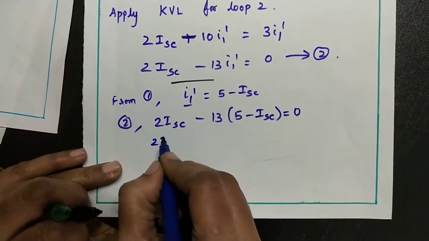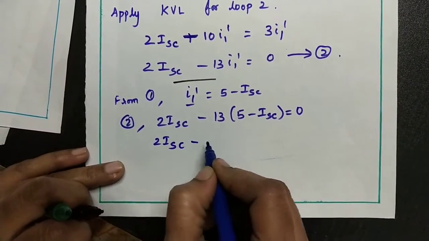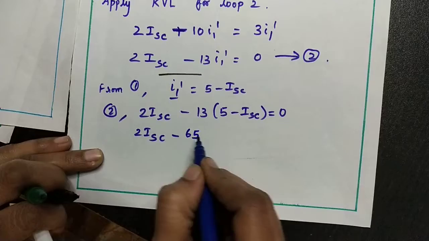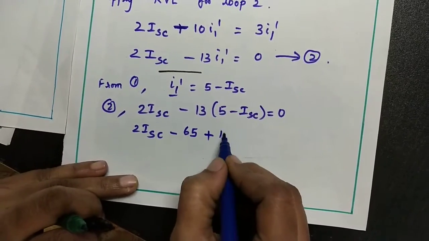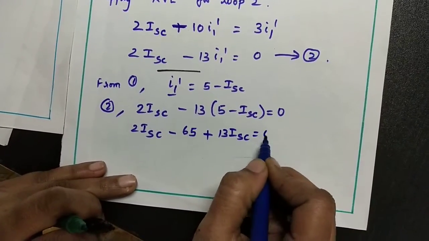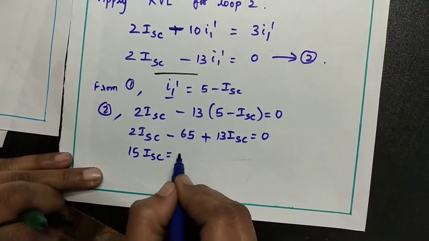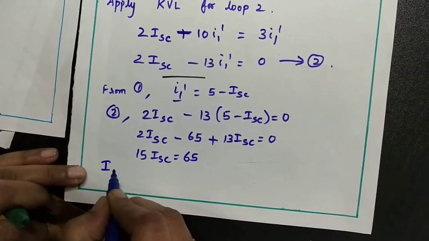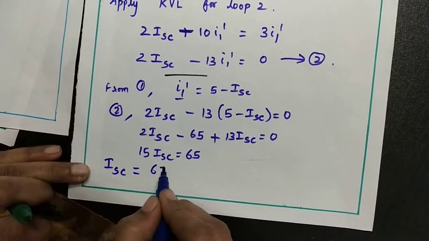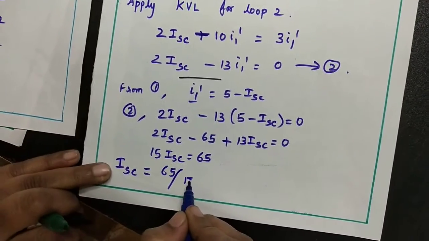Simplifying this, 2 ISC minus 65 plus 13 ISC equal to 0. Therefore 15 ISC equal to 65. So short circuit current ISC equal to 65 by 15.